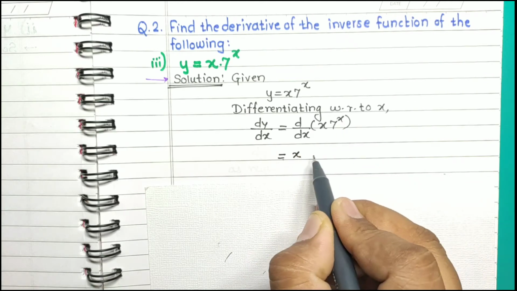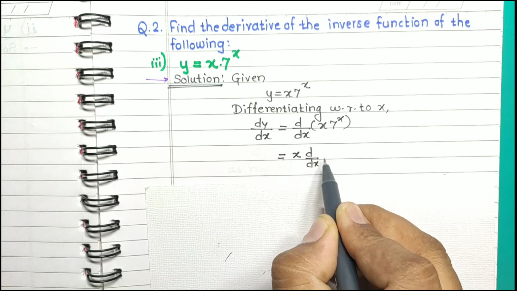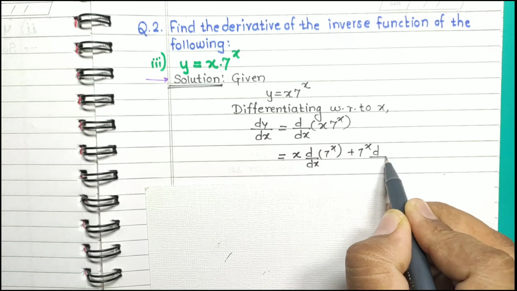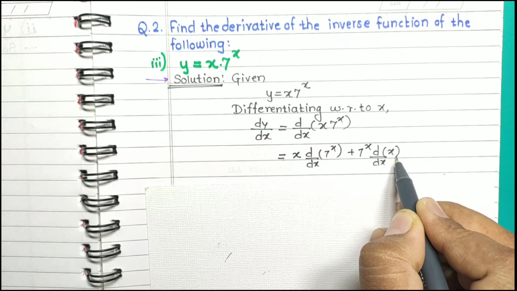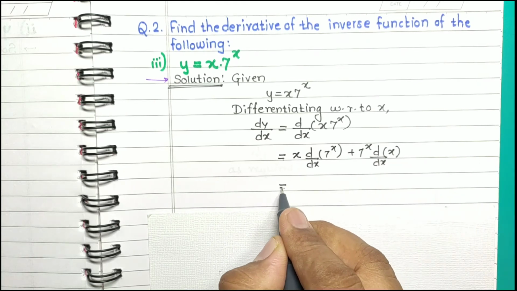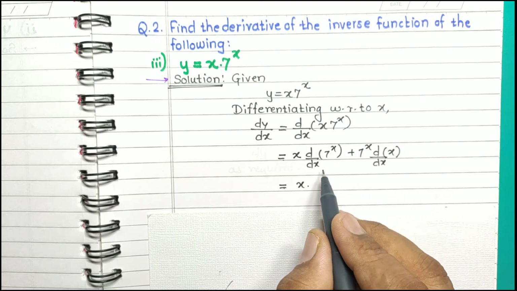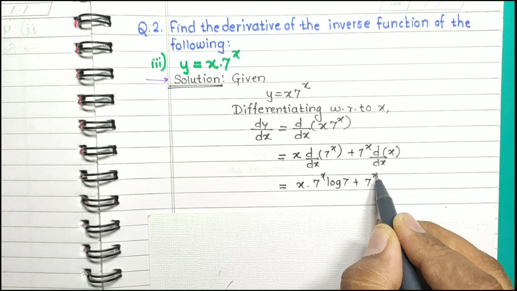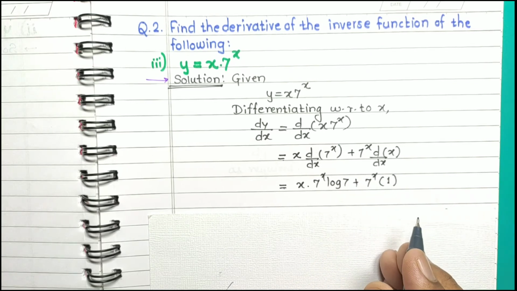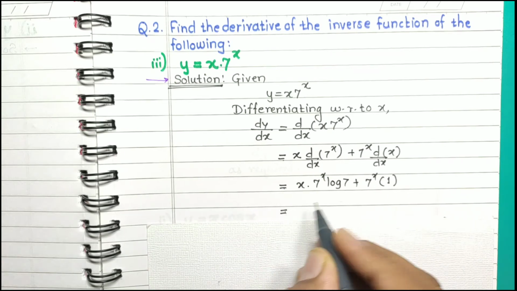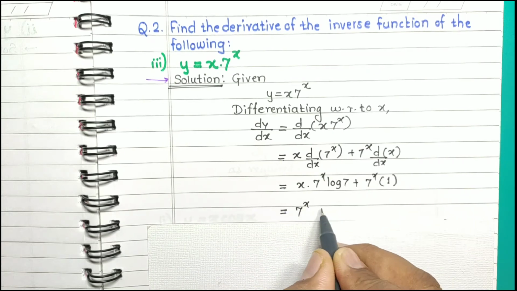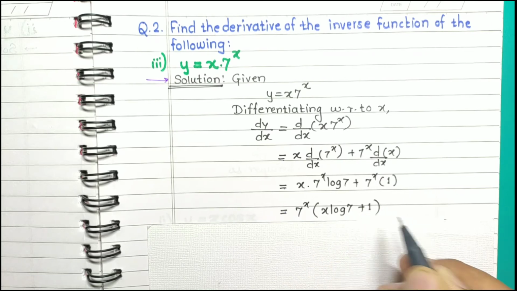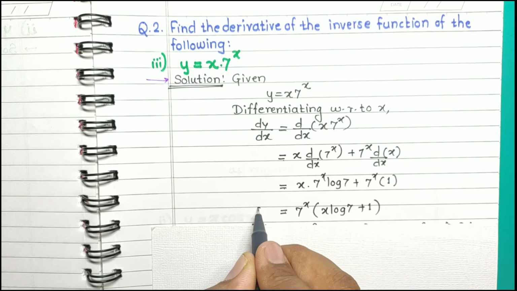So first function as it is, multiply it by the derivative of the second function, plus second function as it is, multiply it by the derivative of the first function, which is x. So here it is x into the derivative of 7 raised to x, which is 7 raised to x into log 7, plus 7 raised to x into the derivative of x, which is 1. And so taking this 7 raised to x common, we have 7 raised to x into x log 7 plus 1, and this is dy by dx.